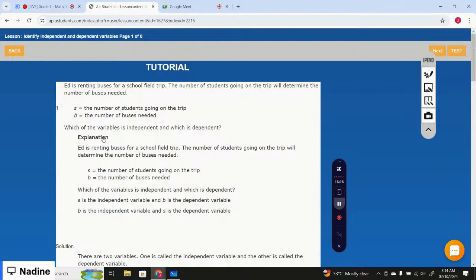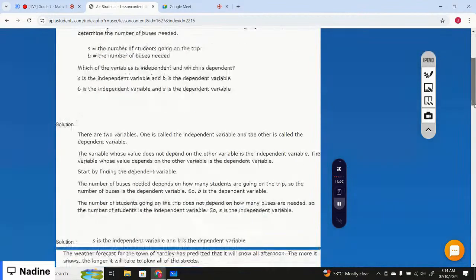Okay, so let's just understand the concept of dependent and independent variable first, right? There are two variables. One is called the independent variable and the other is called the dependent variable. The variable whose value does not depend on the other variable is the independent variable, right?